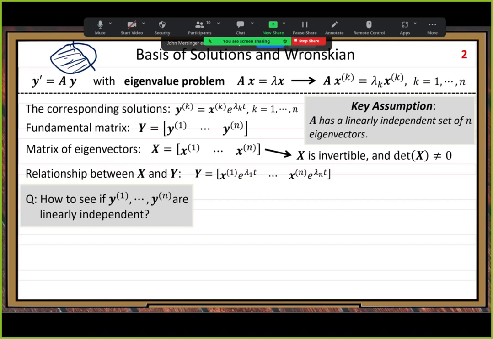Otherwise, we cannot say they form a basis of solutions. So we want to see whether this is true or not. Now the Y expression we can write as a matrix multiplication, a product of two matrices.